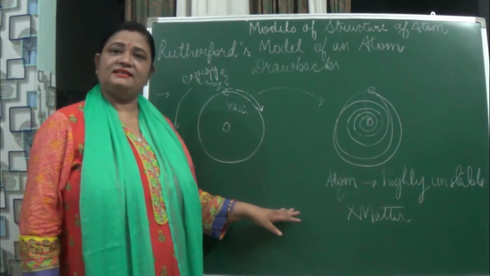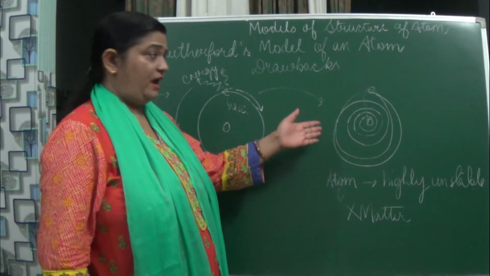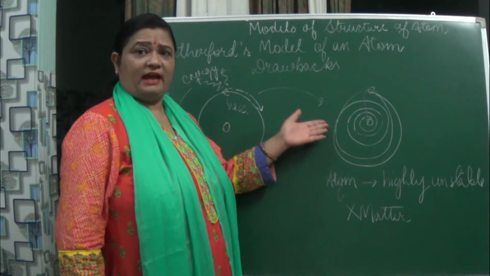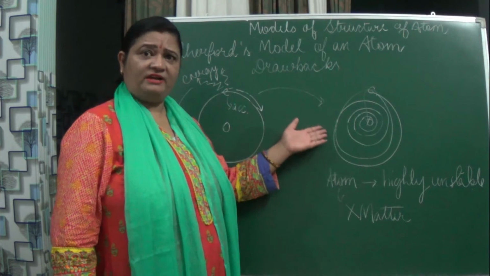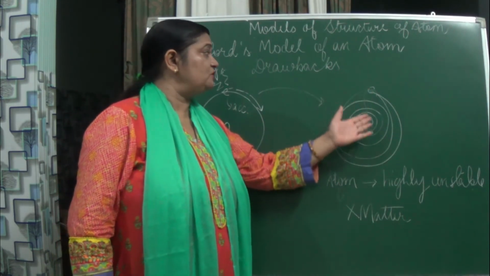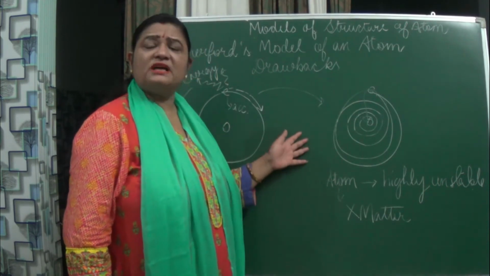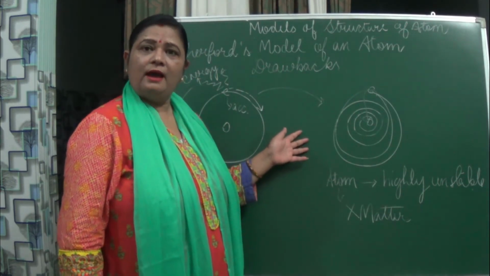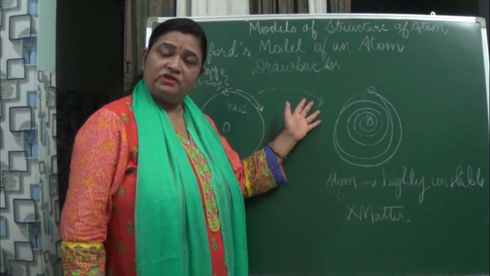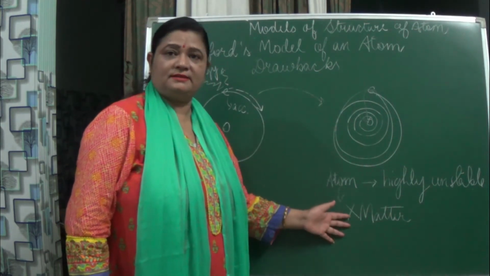And can the atom exist if it is falling? Matter consists of atoms. And if these electrons fall into the nucleus of that atom, it becomes highly unstable. And naturally, in this position, matter can't exist.